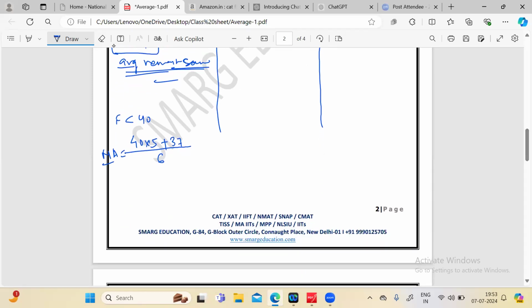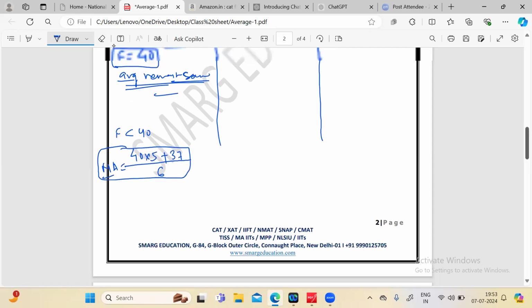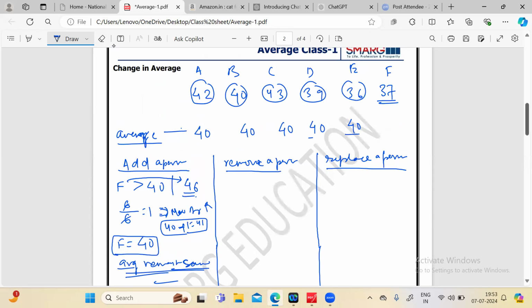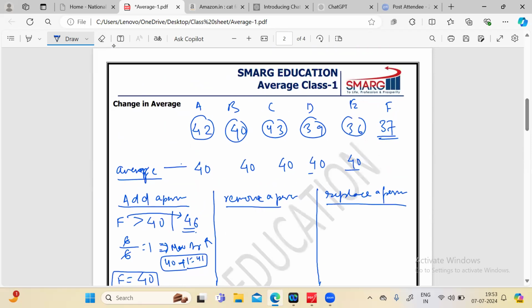But this is one way, and we can also calculate it by a smart trick. What I'll do is I'll provide 3 to F from my side. So I'll make F 40. And since I'm playing God here, I can add this 3 to the 40 and make everyone 40. Then I'll remove 3 from all these 6 figures.